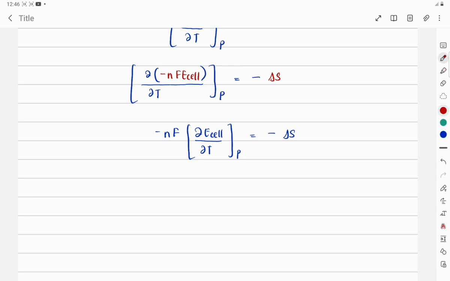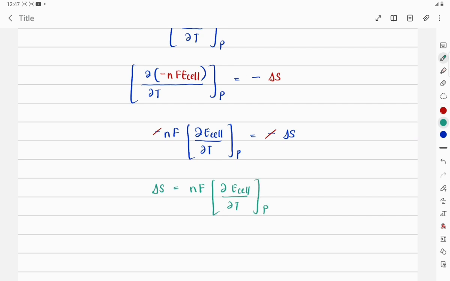There are two minus signs on both sides of the equation. Both can be cancelled. So what is left? NF dou E cell by dou T at constant pressure is equal to delta S. So we have got an equation for delta S also, that is NF dou E cell by dou T at constant pressure.